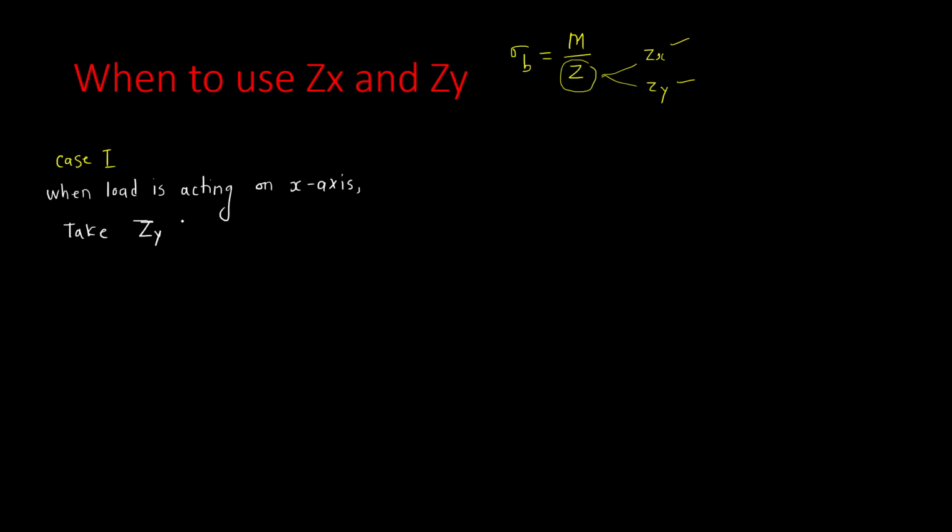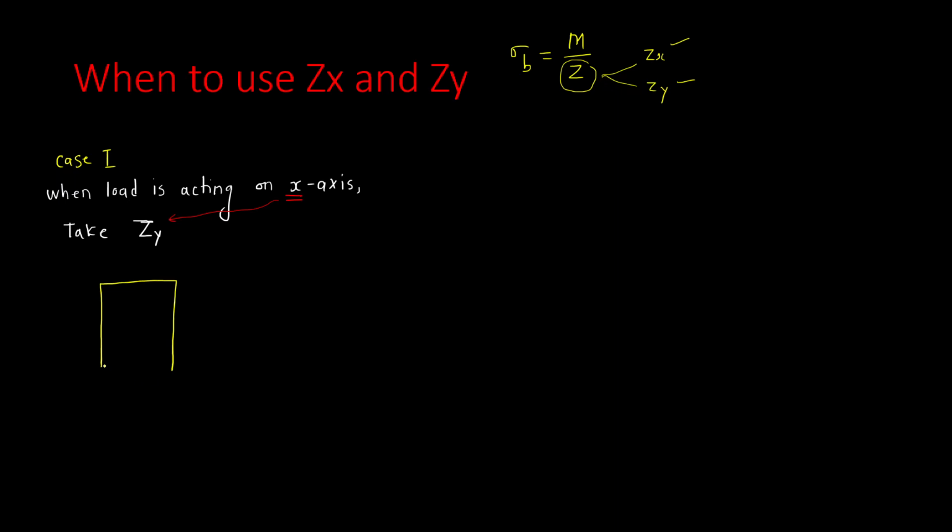So you just remember it as opposite: if the load is acting on the x-axis, then we will have to take Zy. So we'll draw quickly.